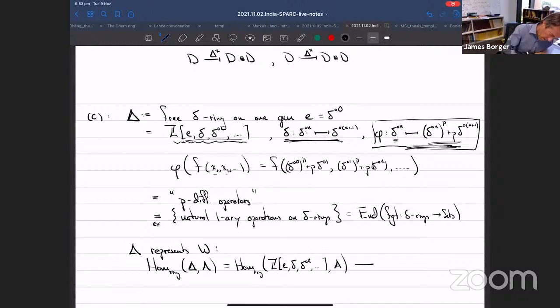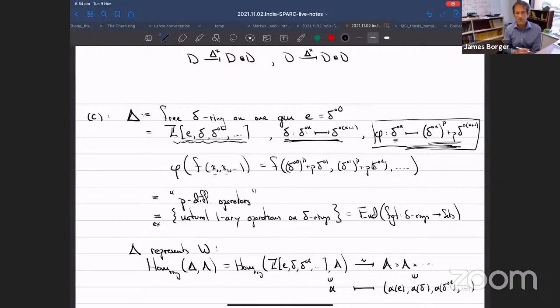Now we just evaluate the homomorphism at those generators, and we get a vector of elements of A. So this takes alpha to alpha of E, alpha of delta E, and so on. That's a bijection. And of course, the whole point is that this is W of A.